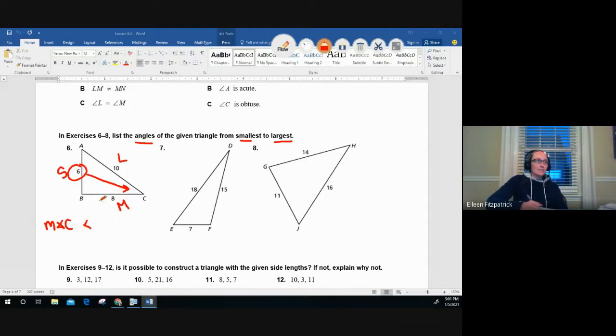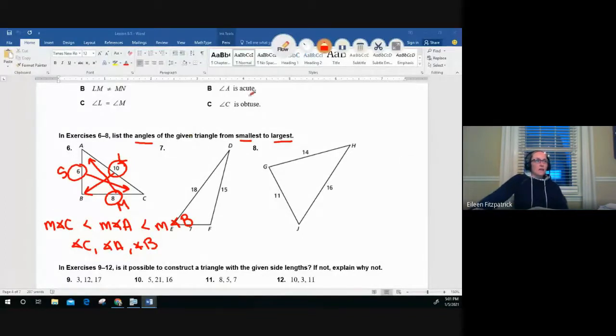It's less than, then go to the middle. That's across from A. So the measurement of angle A would come next, and that's less than. The biggest angle is across from the longest side. So that's going to be angle B, the measurement of angle B. Again, if I wasn't asking you to write it in inequality form, you could just say angle C, angle A, angle B. Okay, listing the angles from smallest to largest.